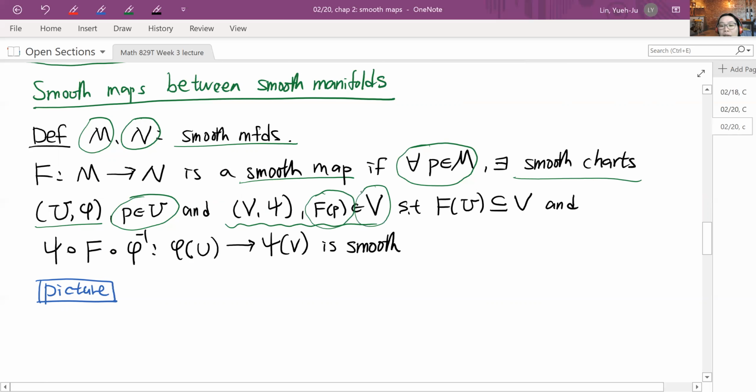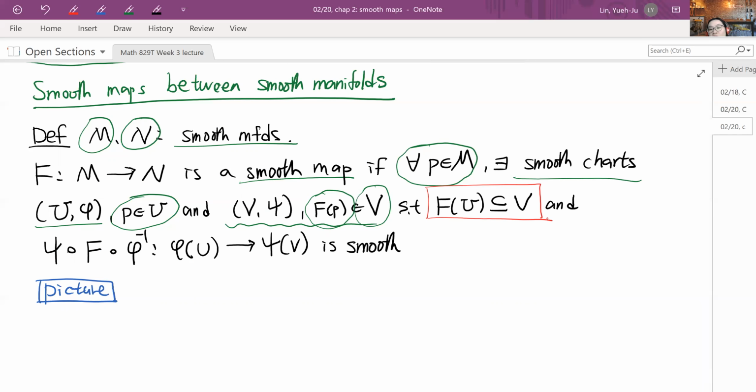But we need one extra condition: when you choose the chart U, you want the image of this chart to be contained in V. This is actually important. If you don't have this, you might have a bad example later on.